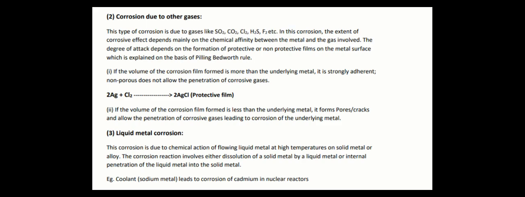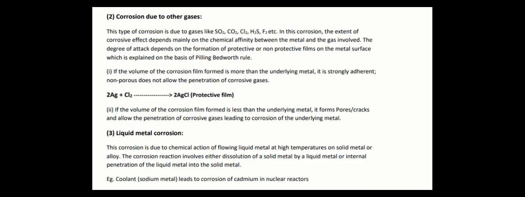A very important real world example comes from nuclear reactors where sodium metal is used as a coolant. However, sodium chemically attacks cadmium, leading to corrosion of reactor components. This phenomenon must be carefully controlled for safe reactor operation.